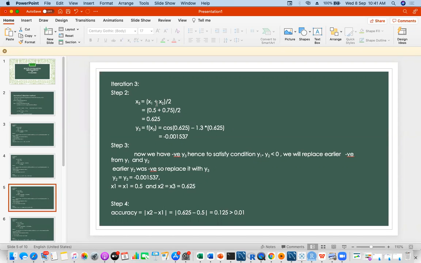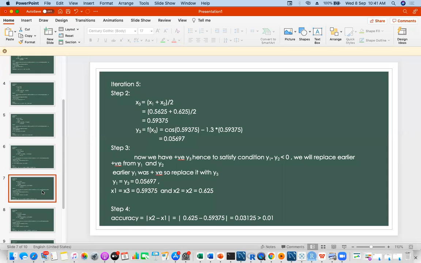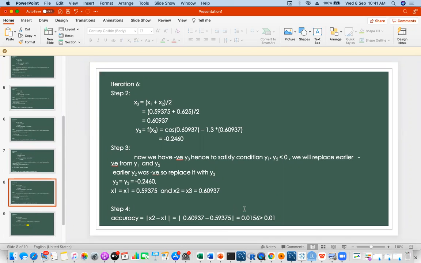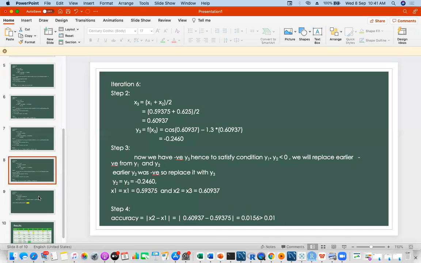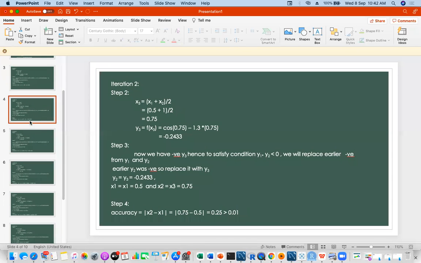So we will keep doing this until we get accuracy less than 0.01. We will do the same steps in each iteration. In the second iteration, we saw how we replaced x2.